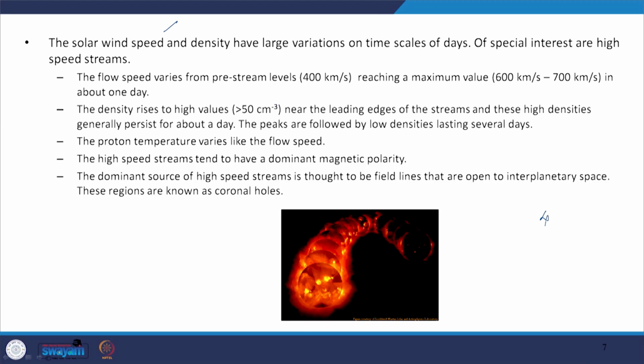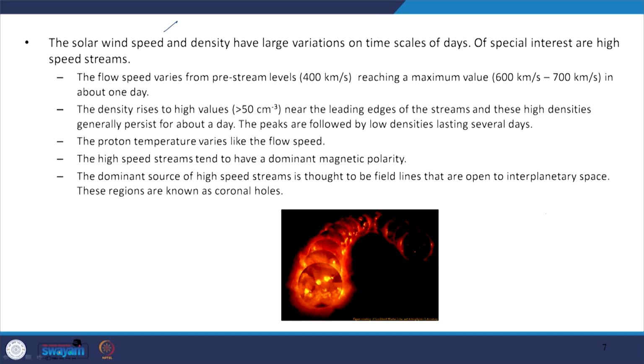But most importantly, these numbers vary over a very large range. That means these numbers can be small, and at some times they can be very large. So, various other factors come into the picture when we have to understand the variation of solar wind parameters.